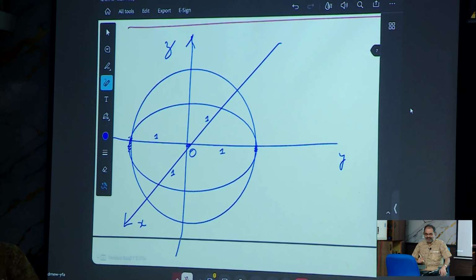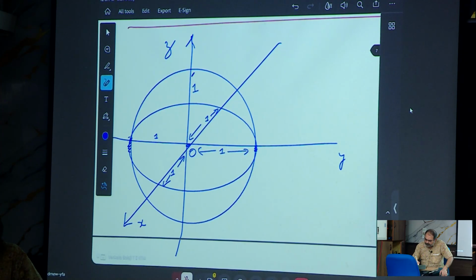So this is also 1. So these lengths are all 1. So this is the unit sphere.